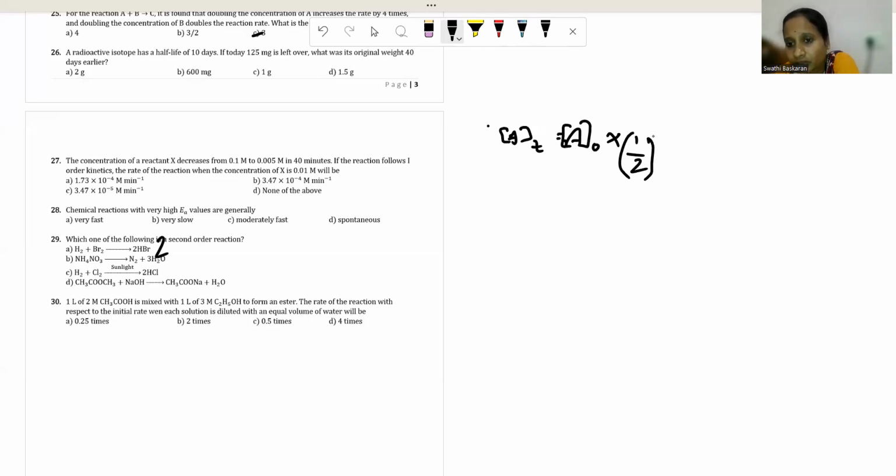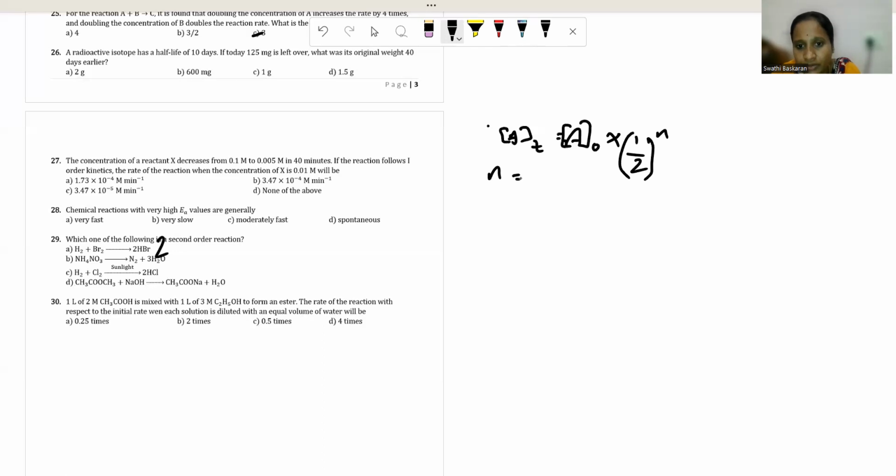Okay, so here we will write to the power n. Correct, so this is the formula. Basically, how do you determine the n value?